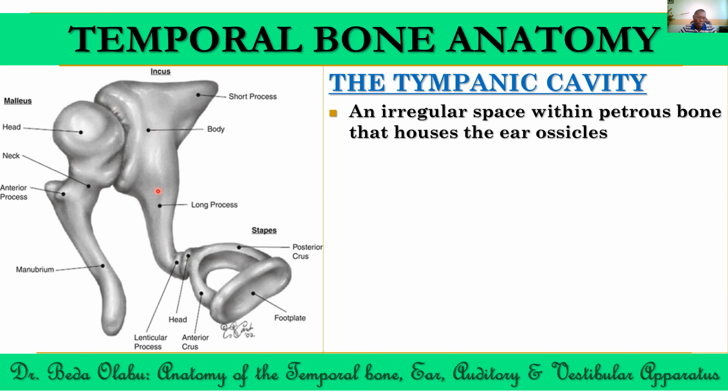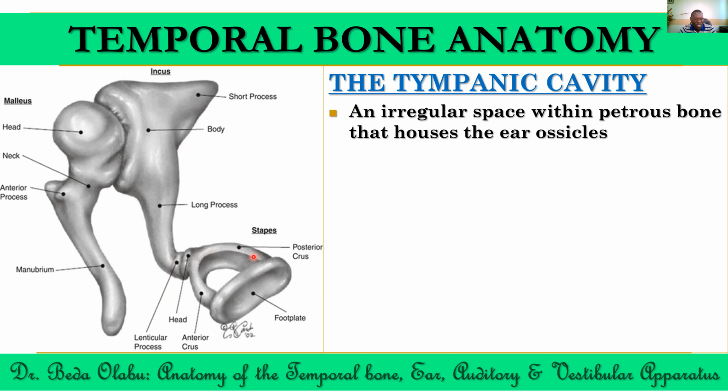Each of the ear ossicles has some parts. So for the malleus, we have the head there, the neck, and this long process, the manubrium of the malleus. For the incus, we have the body of incus, then short process and long process. The long process ends at the lenticular process there.